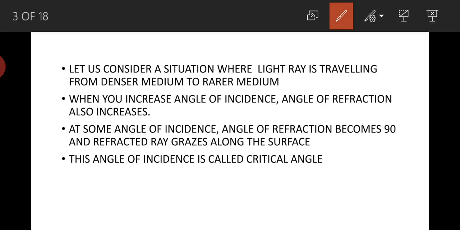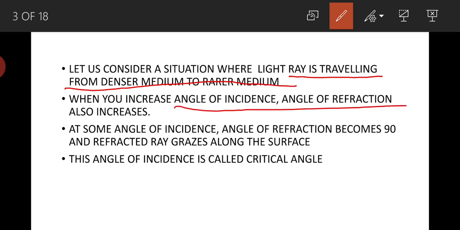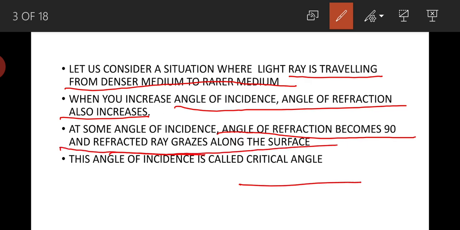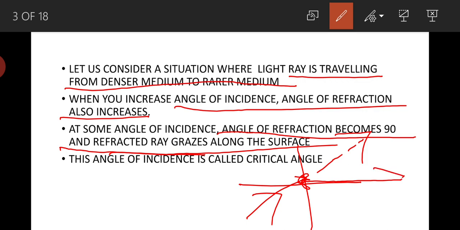So whenever a light ray is traveling from a denser medium to a rarer medium, when you increase the angle of incidence, the angle of refraction also goes on increasing. At some angle of incidence, the angle of refraction becomes 90 degrees and the refracted ray will move along the surface. Instead of entering into the rarer medium, this refracted ray will graze along the surface.